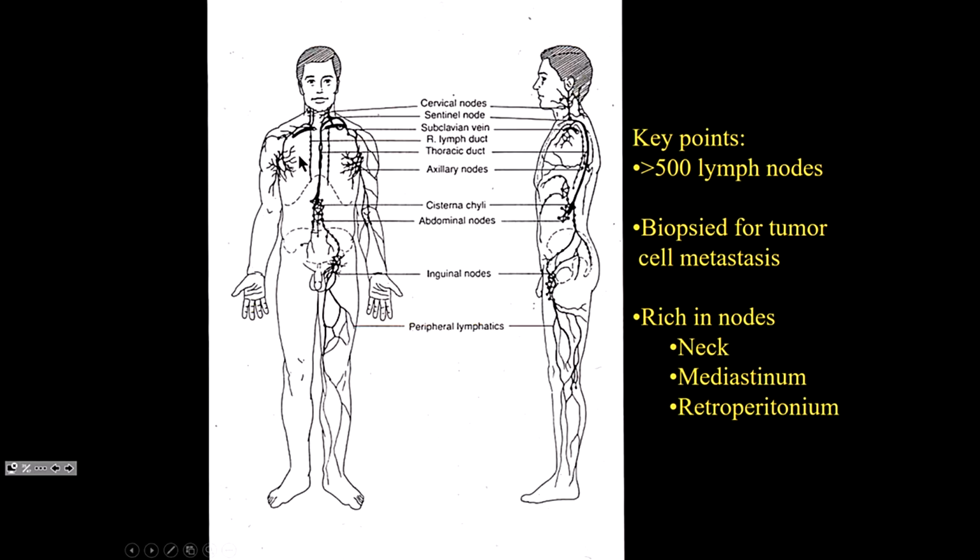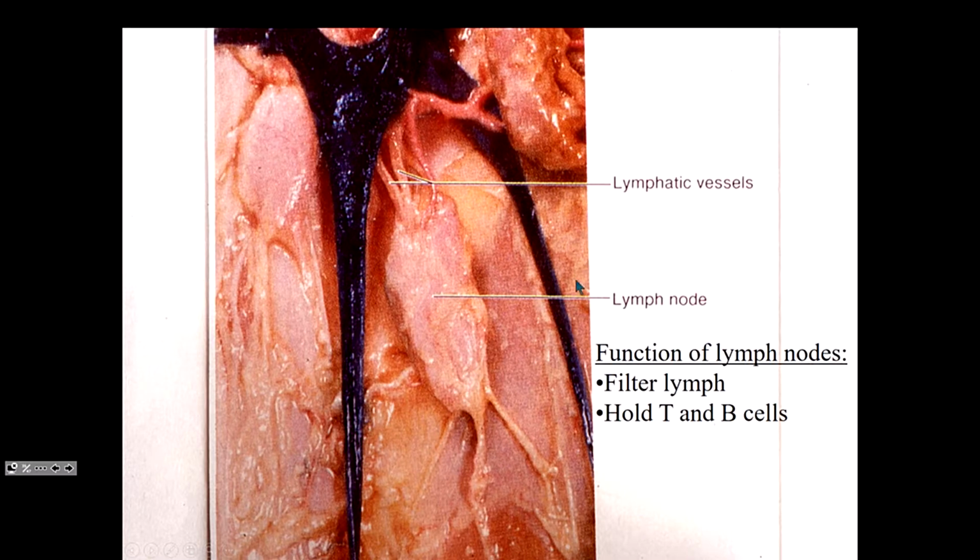So the lymph node is very useful and is biopsied to look at tumor cell metastasis from the primary. So here's our lymph node right here. Now the lymph node is the filter of the lymphatic fluid.